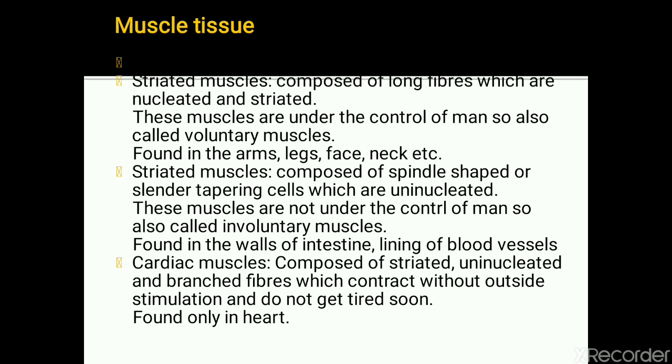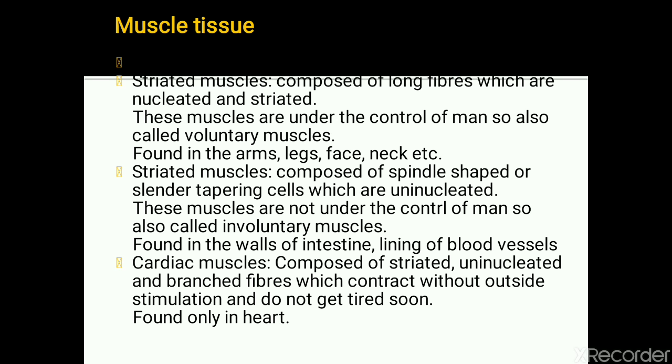Unstriated muscles are involuntary in nature. That means they are not under the control of the human being. They are found mainly in the internal organs of the body, such as the intestine, urinary bladder, muscles of the iris of the eye, etc. Next are the cardiac muscles, which are a very special type of muscle found only in the heart region of our body.